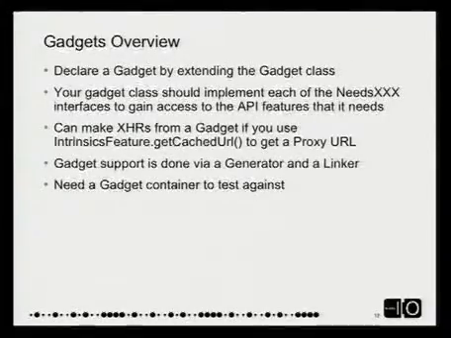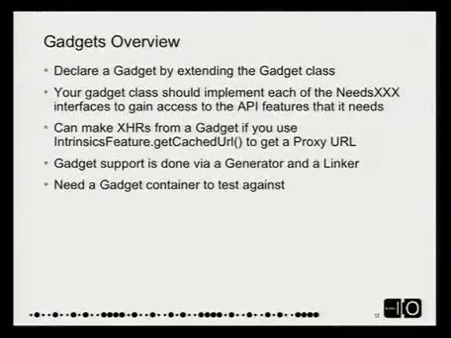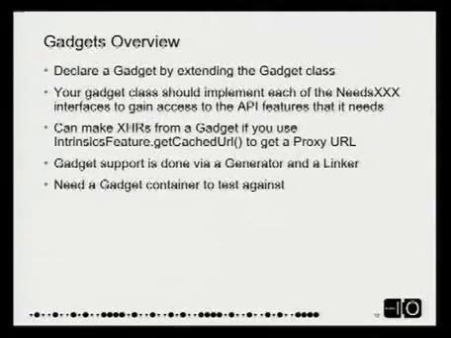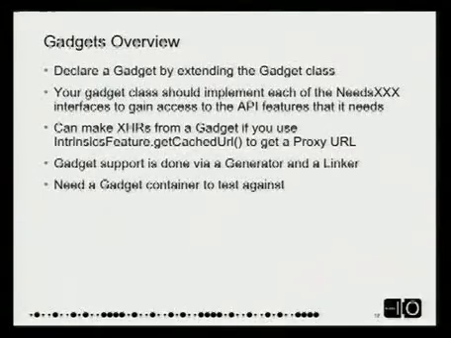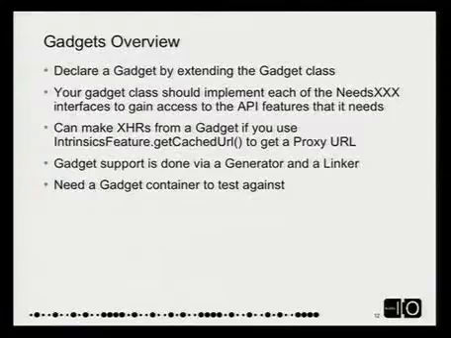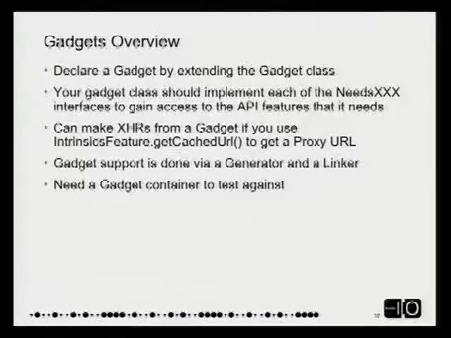Now, I do want to point out that you can use GWT RPC from a gadget. The only trick is that you have to use the intrinsic feature, and the intrinsic feature has this get cached URL call, where you pass it the URL that you would want the RPC to go to if it were not a gadget, and it returns to you a proxy URL.